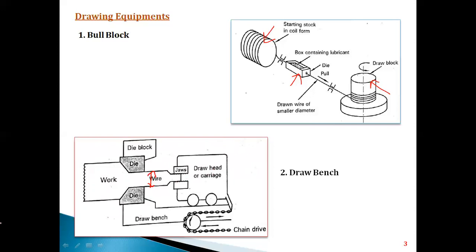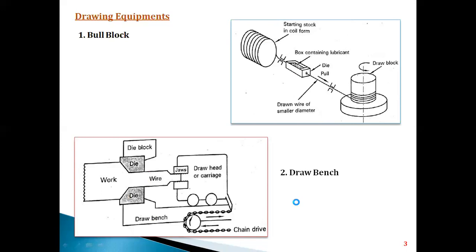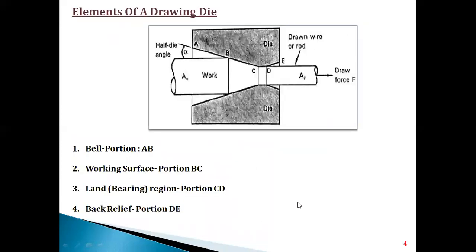Now the next thing we need to understand is what the elements of a drawing die are. Let us see them in detail. Basically any drawing die you take has 4 basic elements.